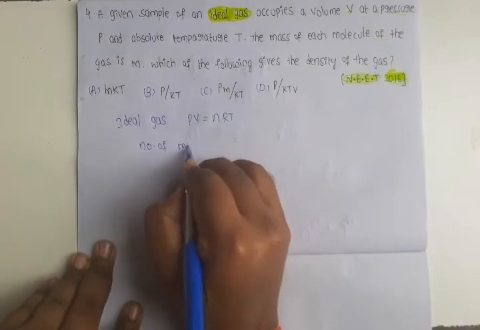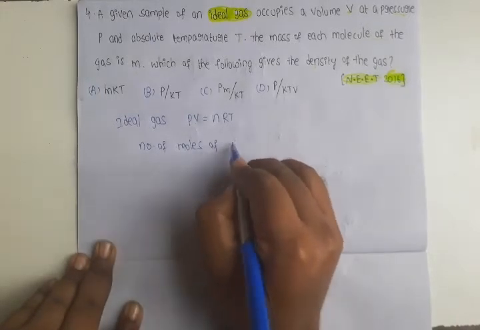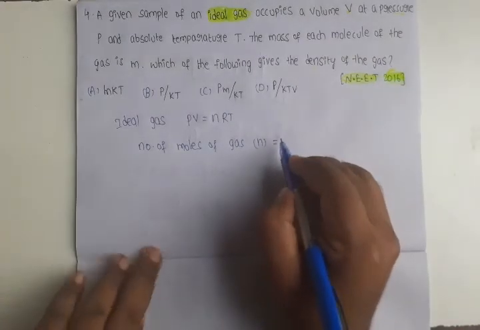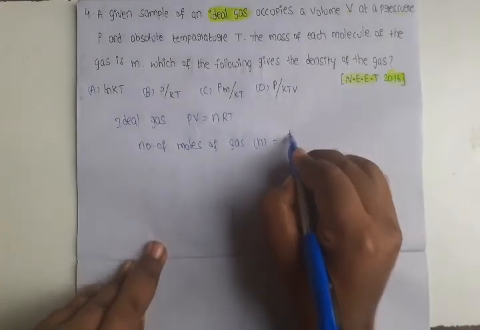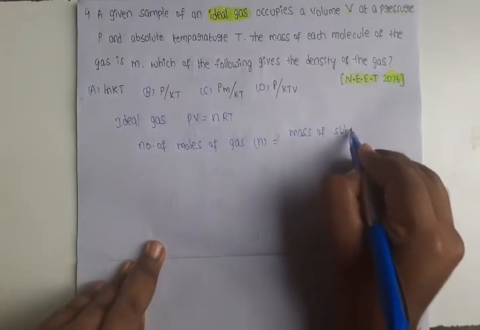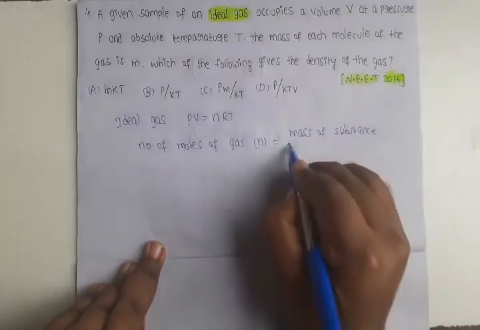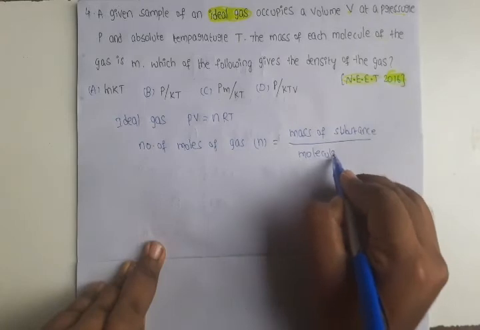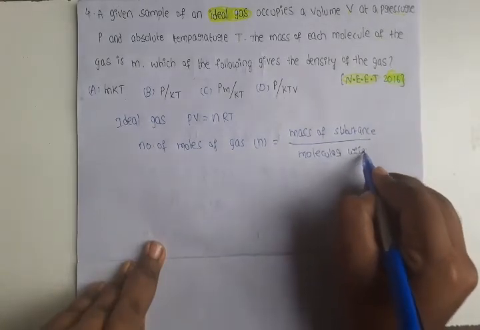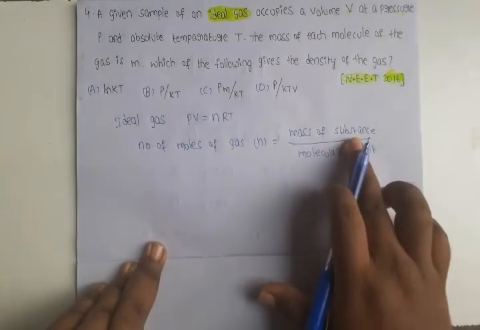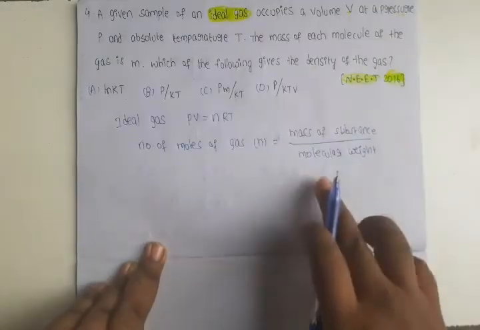number of moles of gas. What is the formula? n equal to mass of the substance by molecular weight. Mass of the substance means the mass of that gas, and its molecular weight.